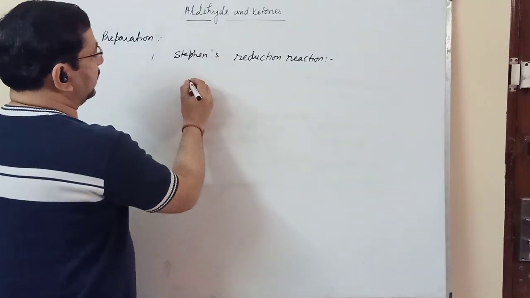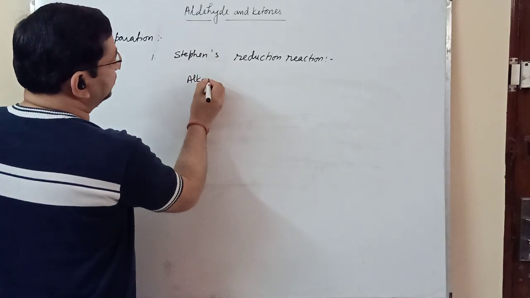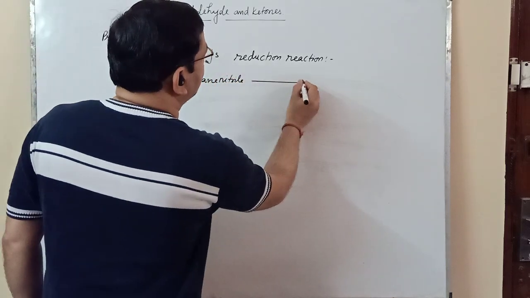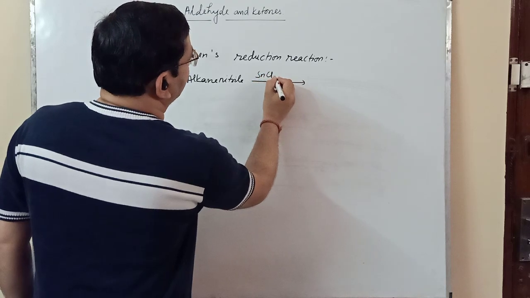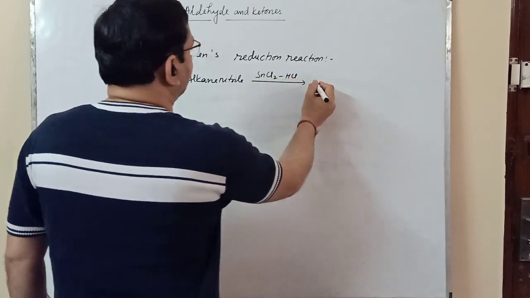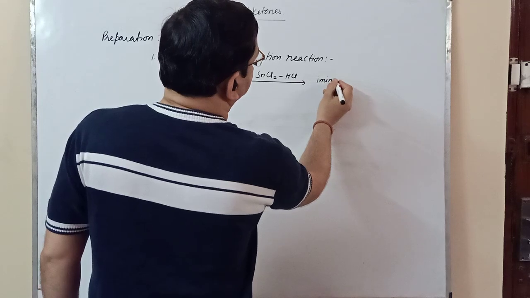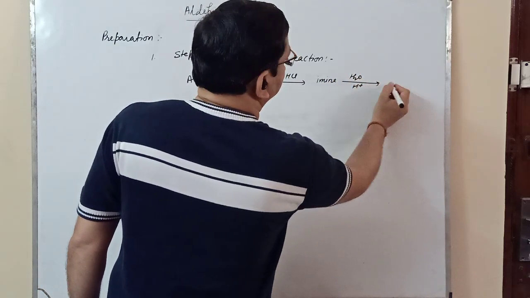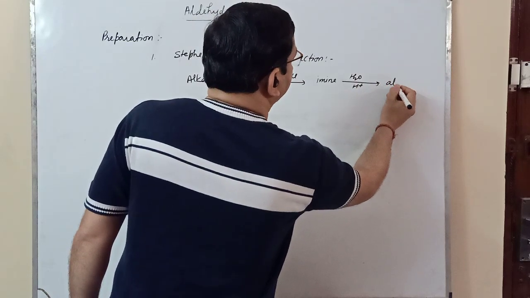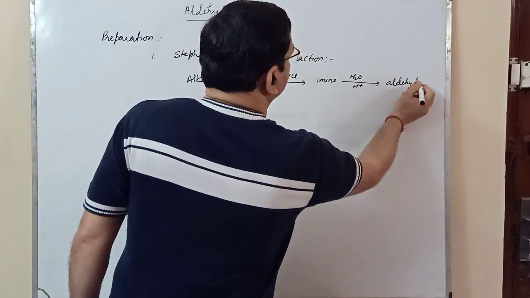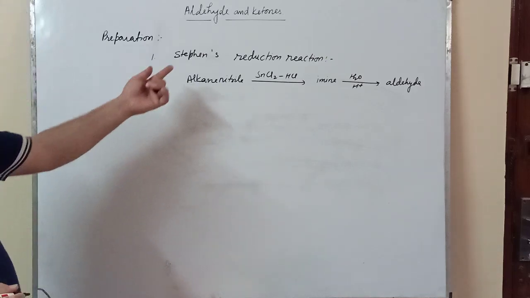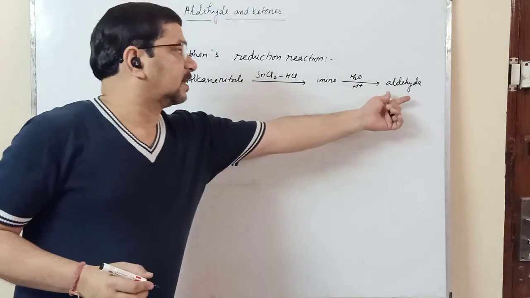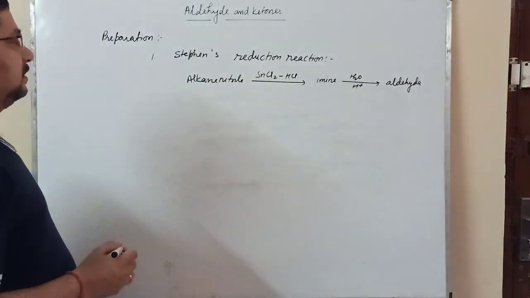In Stephen's reduction reaction, alkane nitrile on reduction with SnCl2 and HCl first gives imine, and this on hydrolysis gives aldehyde. So in case of Stephen's reduction reaction, what happens? Alkane nitriles are converted into aldehyde.